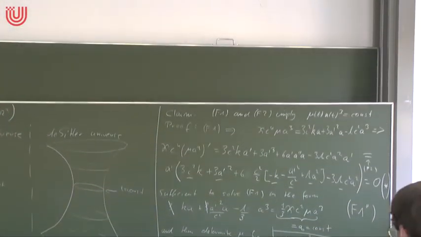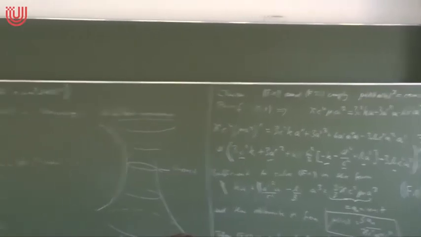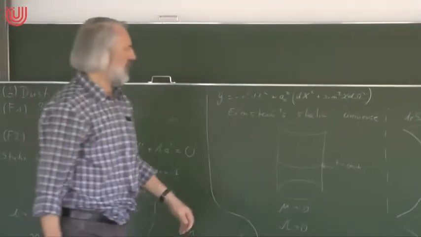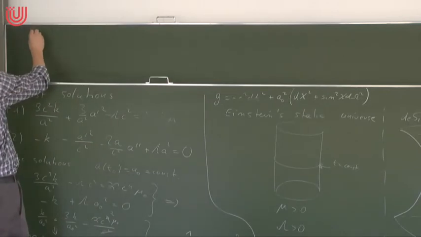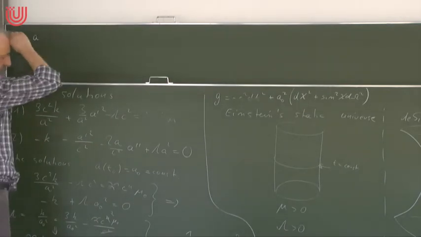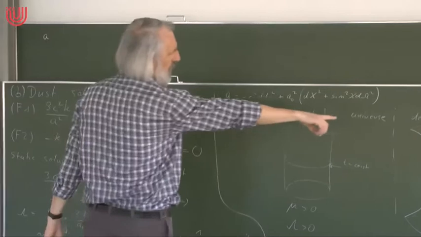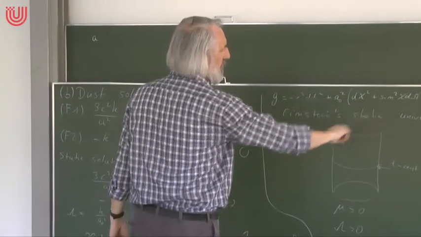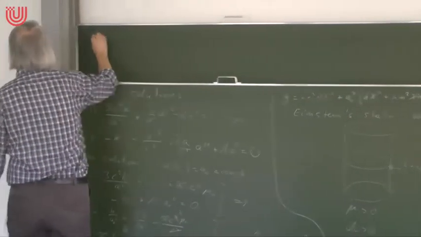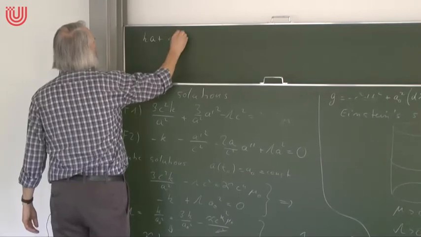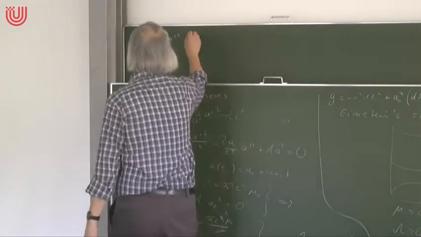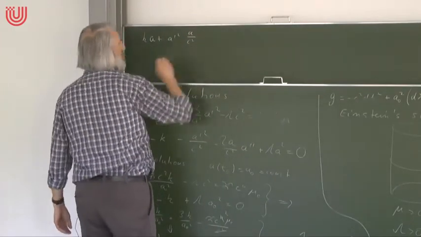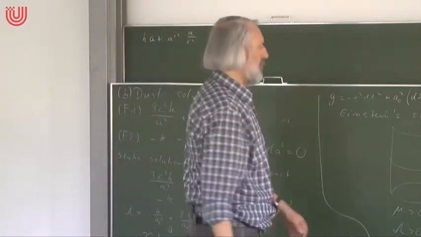So let me write the equation again. The equation was K times A plus A prime squared A over c squared.